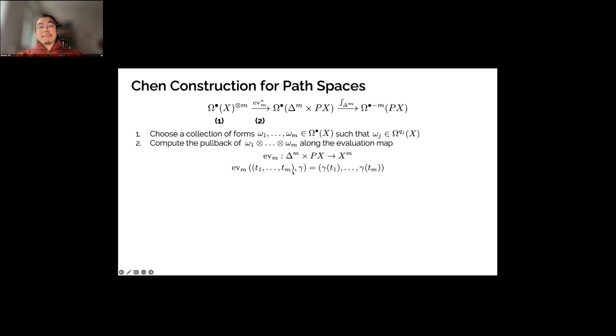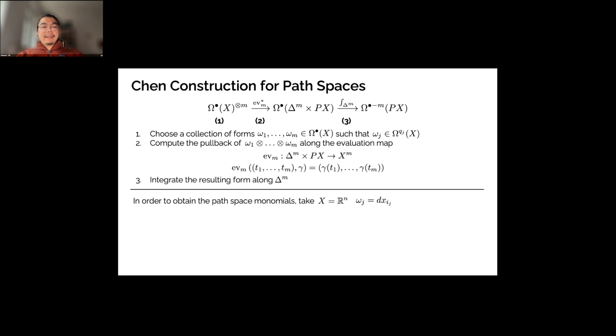So what we're doing here is we're just evaluating the path at these M coordinates specified from the simplicial complex. So when we pull it back, we now have a differential form on delta m cross px, and then we can integrate the resulting form along the delta m component.